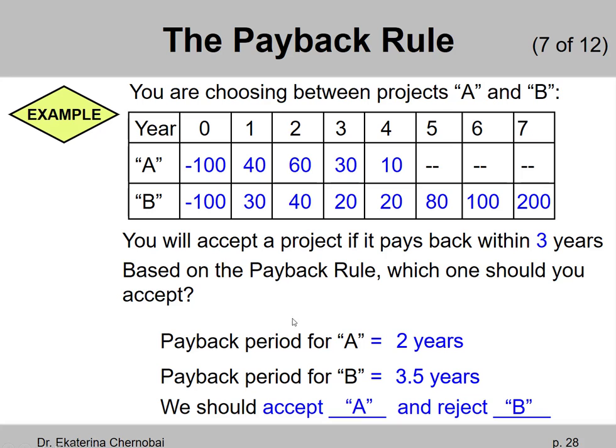So when we were computing the payback period for project B, we were going through our cash flows in this correct order, and we stopped in the middle of the fourth year. We didn't need to look any further because that's not how the payback approach works. So we have completely ignored the huge cash inflows in 5, 6, and 7 years, right?